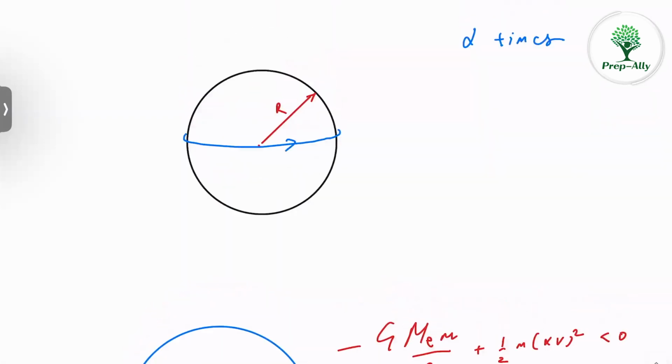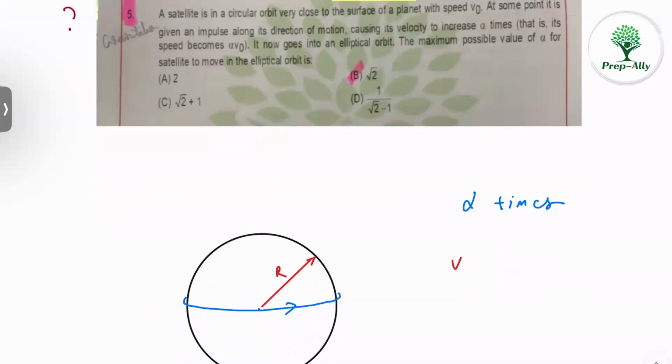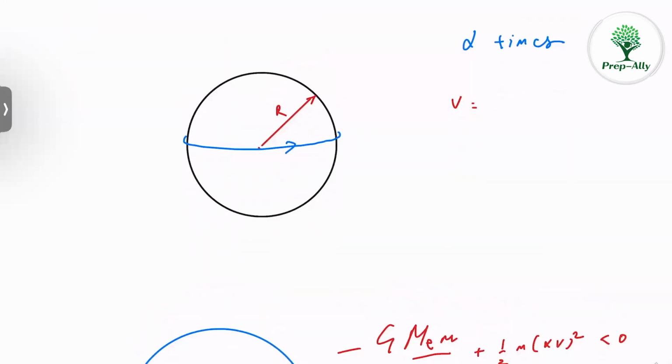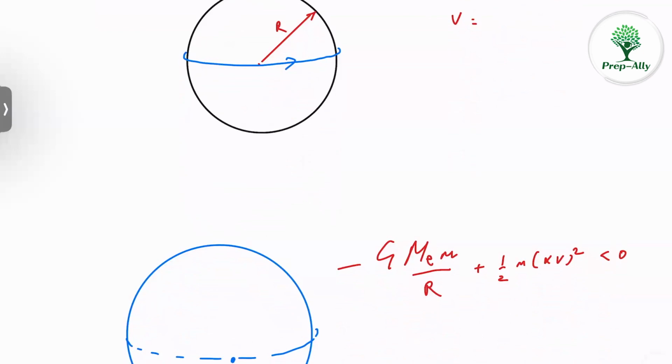So what we have to find out. Now what is V already? It was the orbital velocity, na? Yes, sir. So already what was the value of V?